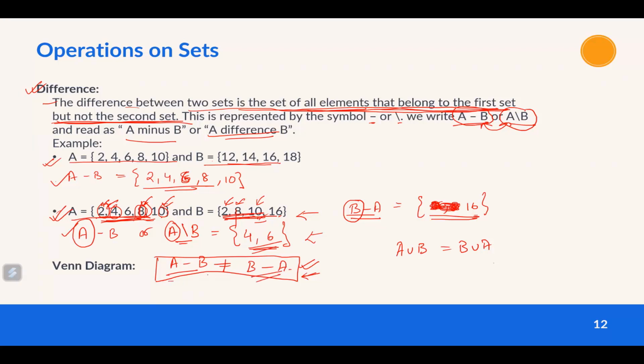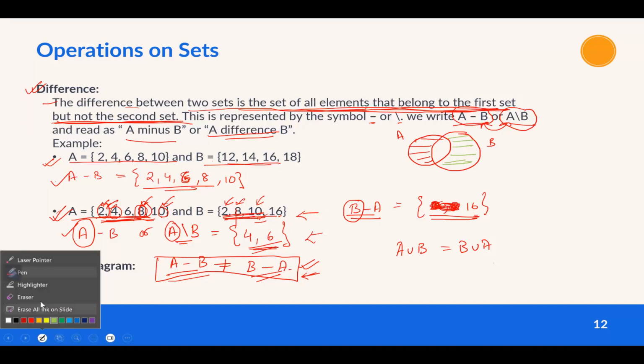You can see this in Venn diagram also. So if you draw two sets A and B with some overlap, A minus B will be this area, but B minus A will be this area, right? I can explain once more how I'm drawing this.